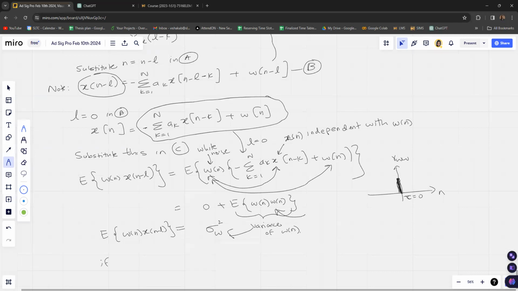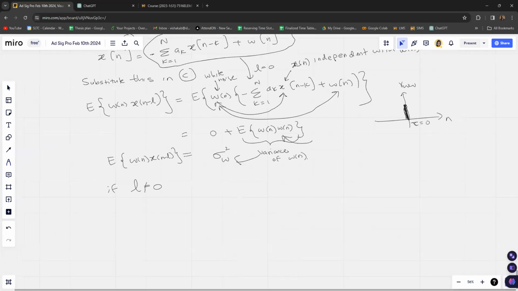However, if L is not equal to 0, then there's going to be some kind of L component in here, and in W also there's going to be some L component.